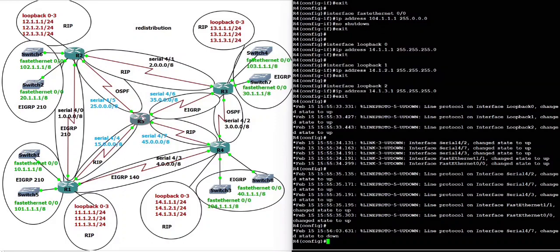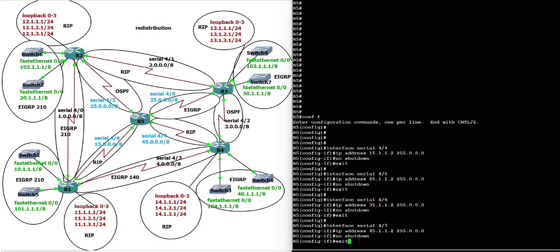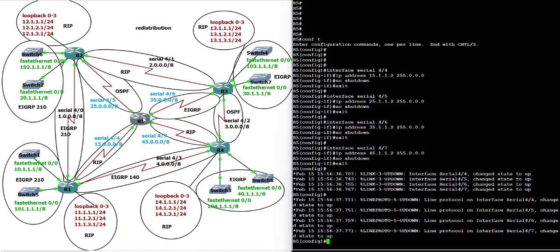Now on router 5, configure terminal. On router 5, here we have 4 serial interfaces, 4/4, 4/5, 4/6, 4/7, 15, 25, 35 and 45 network.